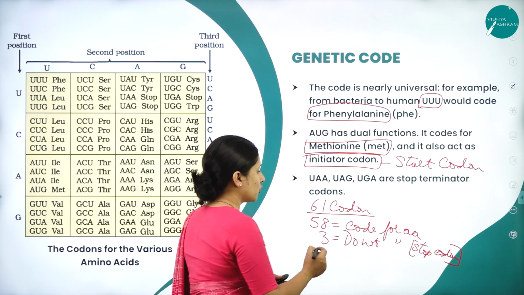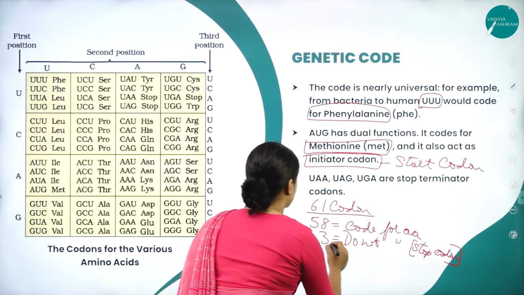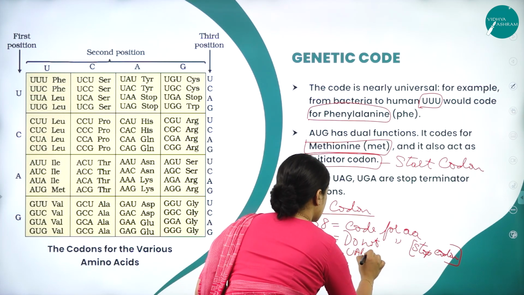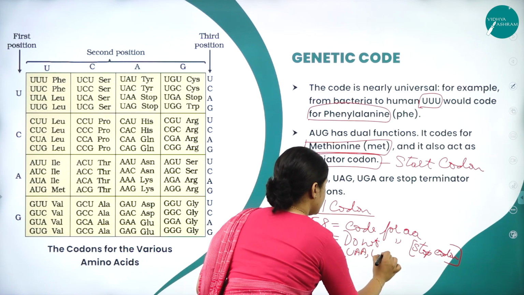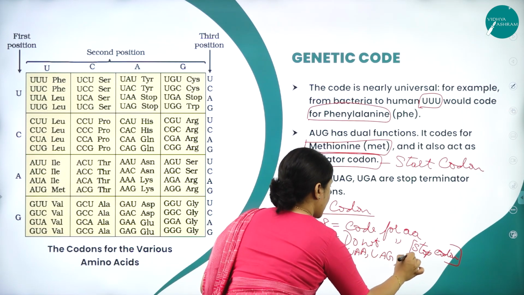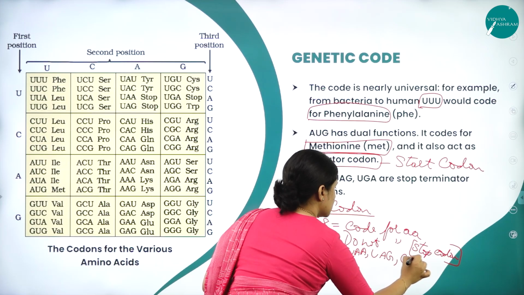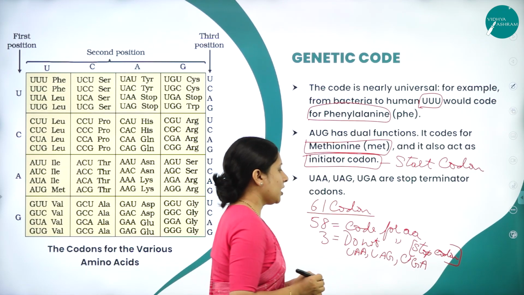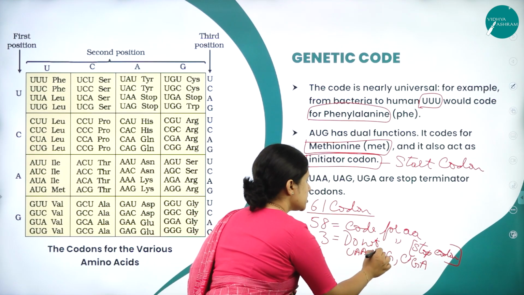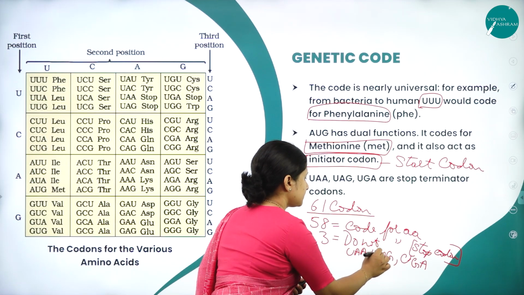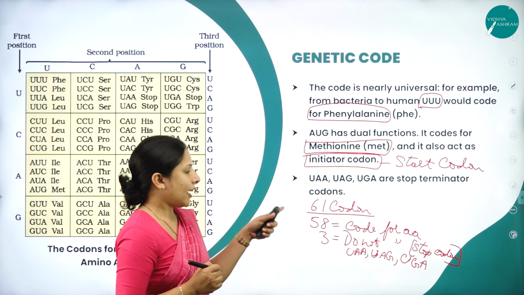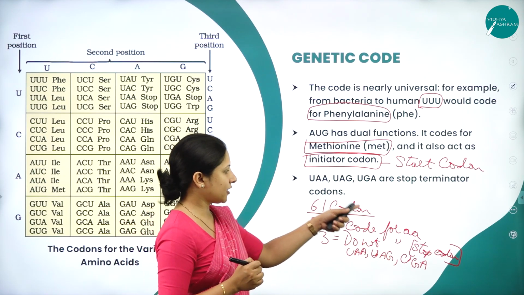What are the stop codons? UAA, then UAG and UGA. UAA, UAG and UGA. Right? Out of these, 58 code for amino acid.